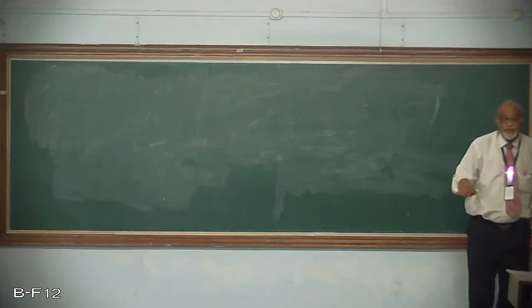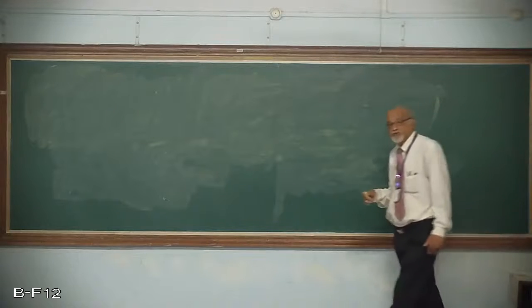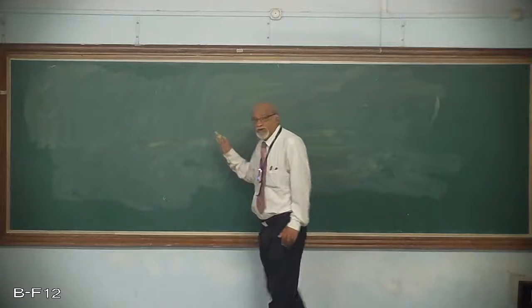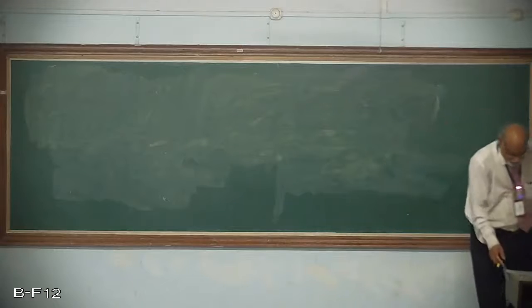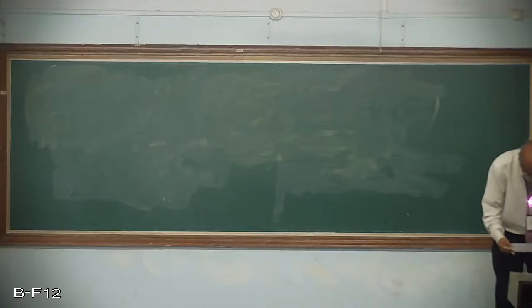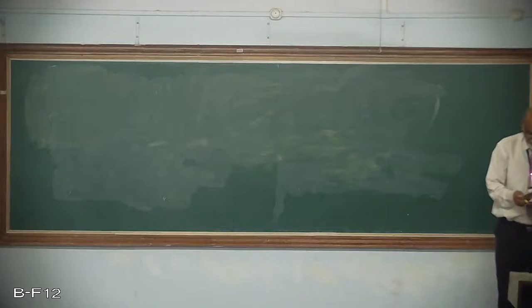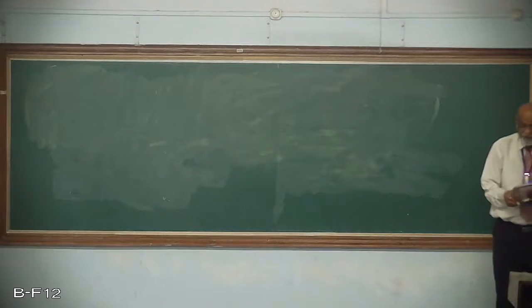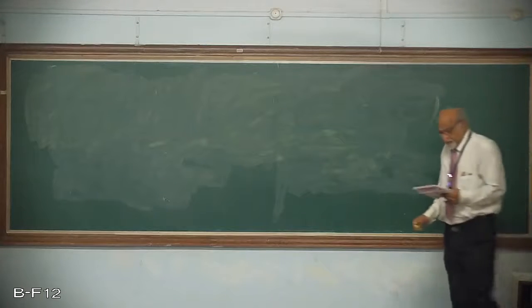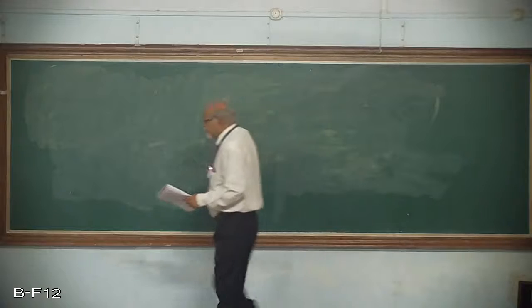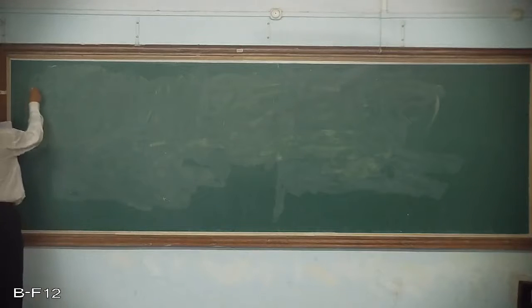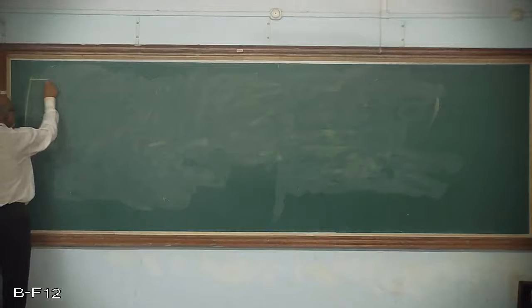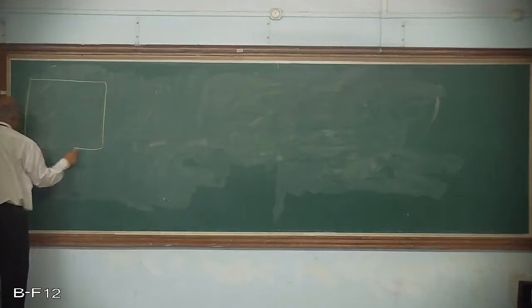Then again you need to create additional zeros, and how that is to be done, let me take up another example which will tell us how these improvements can be done and how we are going to get the solution. Okay? I have taken one simple problem, and the next one is a bit more complicated, or whatever. I can't say that it is complicated. It is also a simple problem.